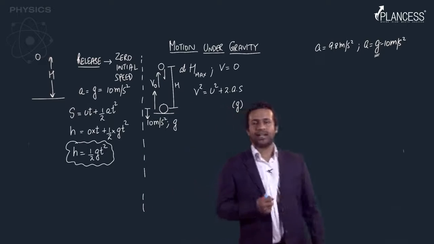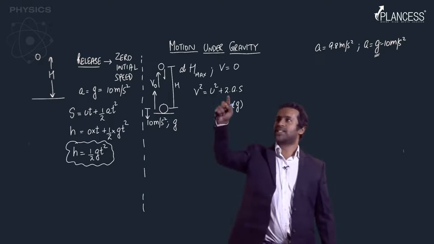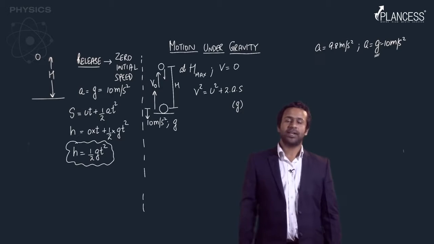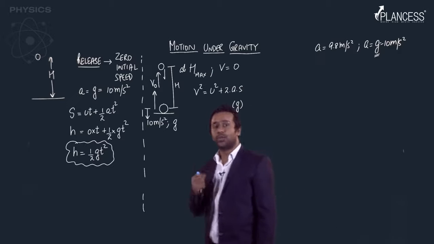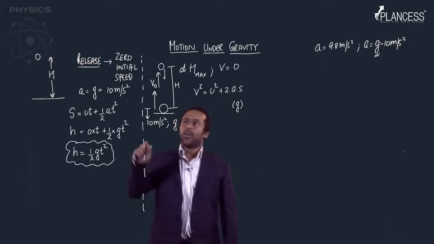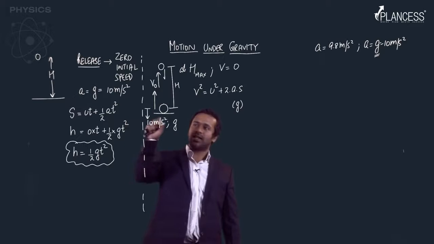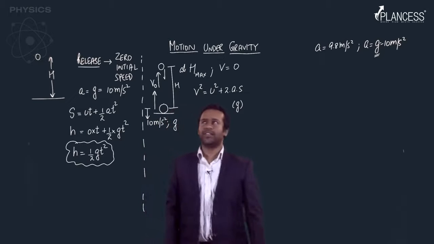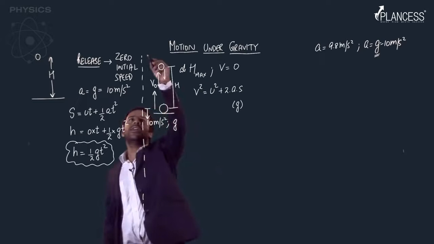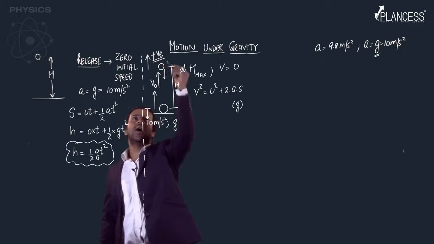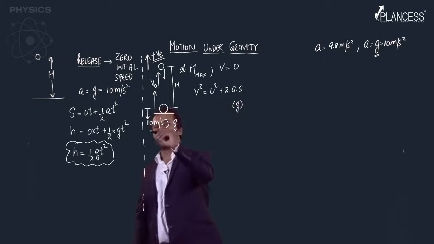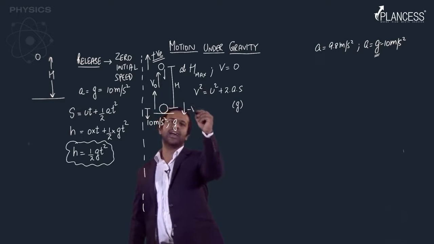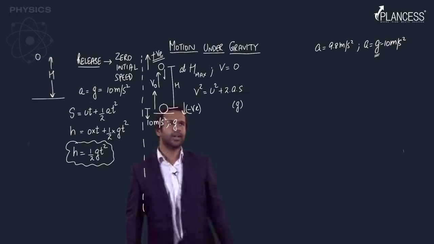Secondly, notice that acceleration and displacement are vectors, right? So you have to substitute them with suitable signs. Now, whenever we analyze a situation involving gravity, you can keep a standard notation where you take upwards as positive. So the upwards direction will be positive, and therefore the downward direction will be taken as negative, right?